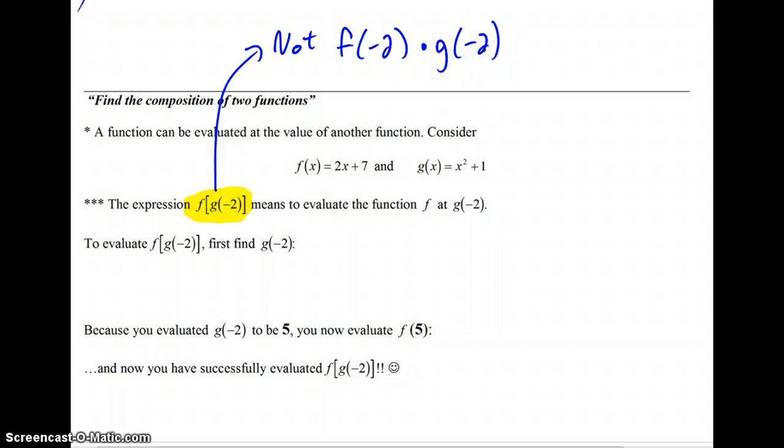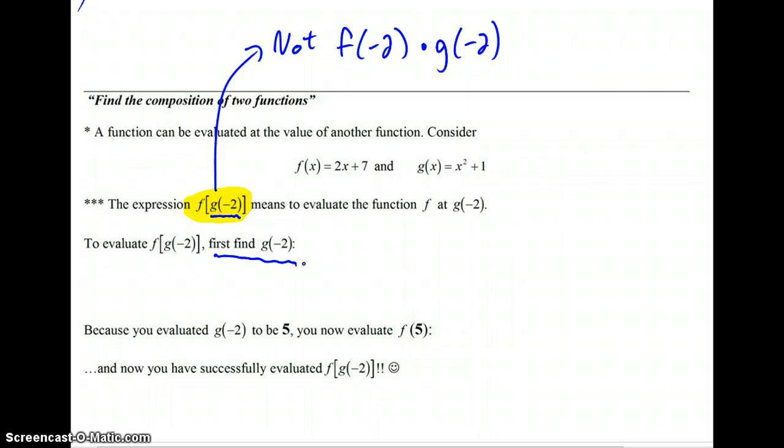Or f of x times g of x. When it's written in this regard with g being put inside of f, it means that we're going to follow an order of operations. We always have to do the inside part first. We're going to evaluate f, but at g of negative 2, first find g of negative 2.